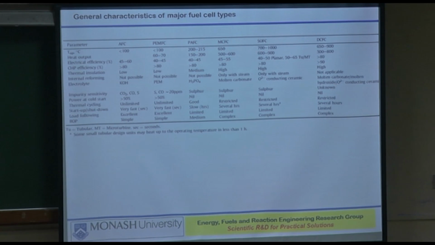Methanol can be very, very cheap. Methanol, as we heard yesterday, the methanol price is very, very low. So methanol can be reformed, or for that matter, it can be used in some of these types of fuel cells as well. So let's go now to the next bit.